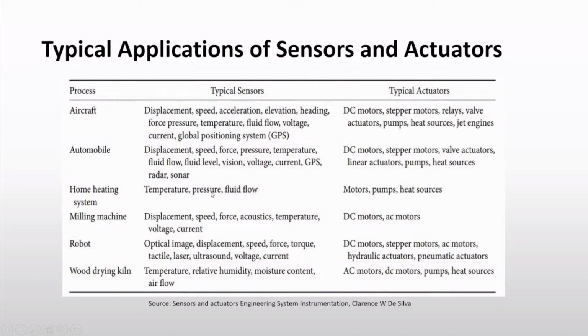I am not going to mention these sensors one by one because we already discussed them. This is some assistance for you to remember the use of sensors and actuators because you can classify those into various industries.